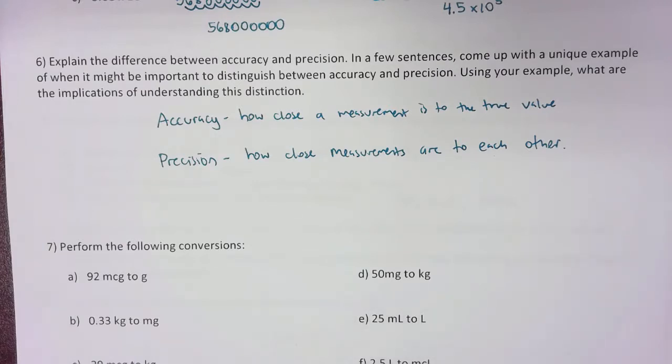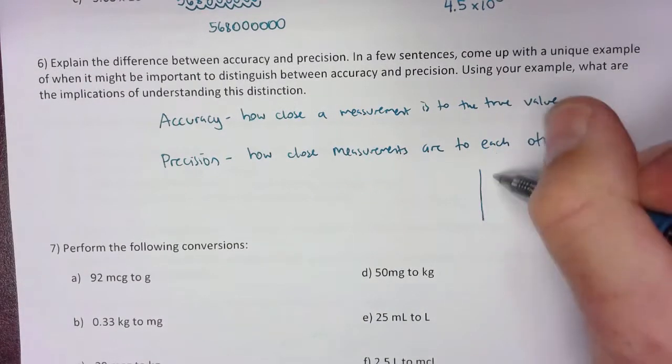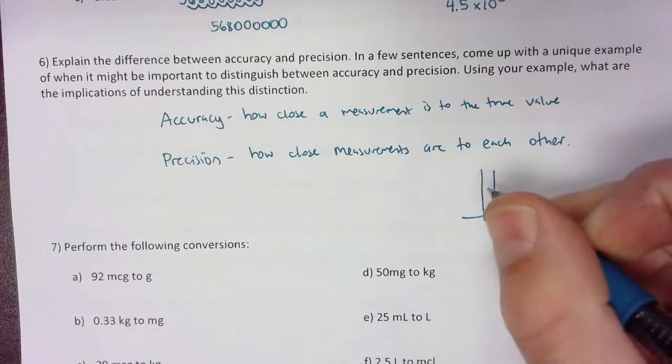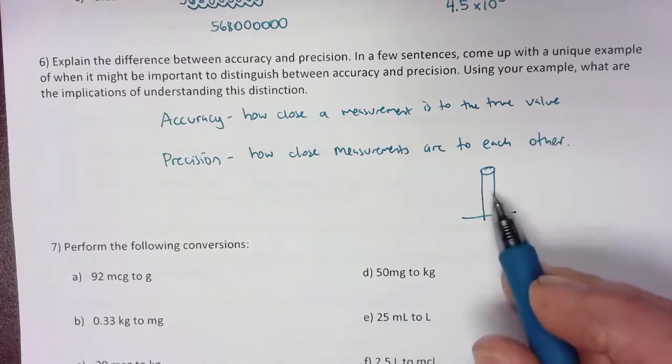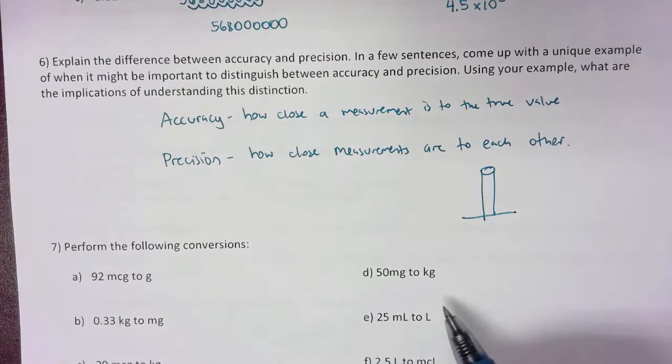So an example of this in the lab might be, say, a graduated cylinder. Here you have a graduated cylinder. Terrible drawing, I know. And you've poured a certain amount of water in that graduated cylinder. Well, if the graduated cylinder is properly calibrated, it's going to deliver an accurate amount of liquid.